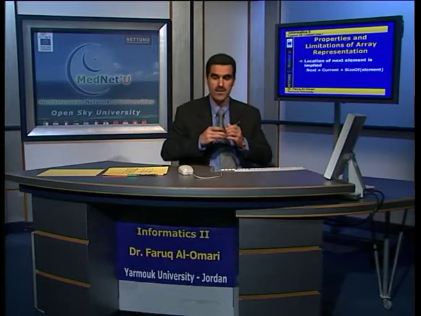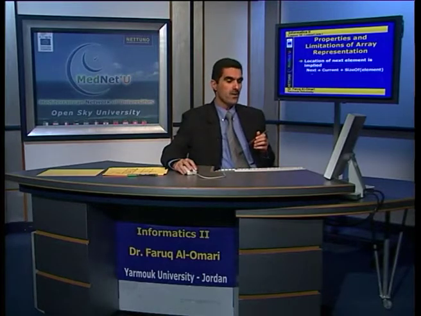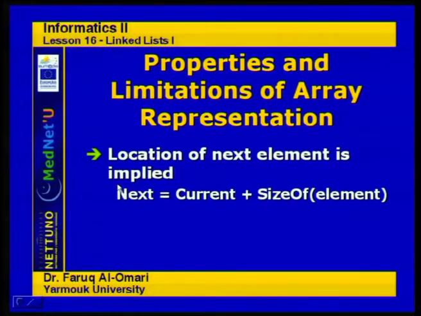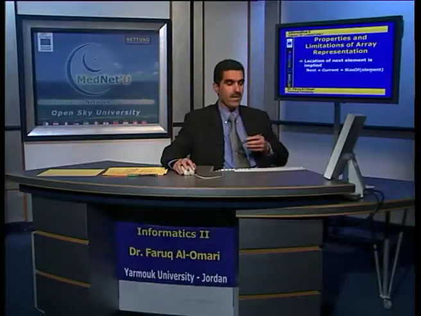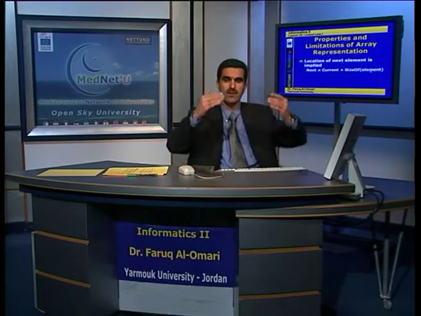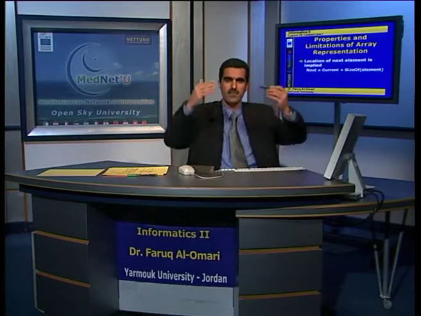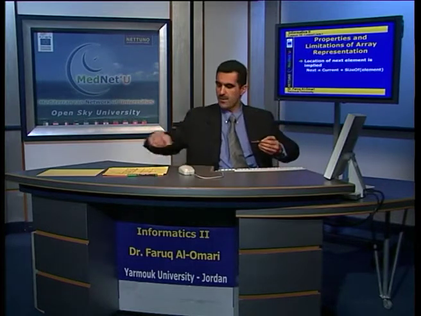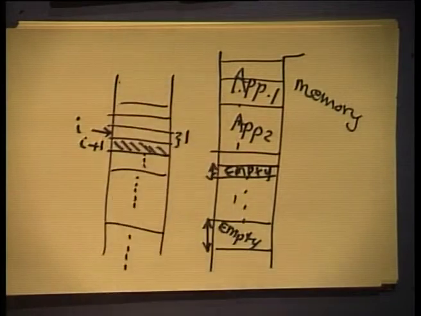So always I can find the location of the next entry from the current position of the current entry by just incrementing the size of the elements inside the array structure. So I can go anywhere within the array by incrementing or decrementing my index back and forth within this contiguous block comprising the array.